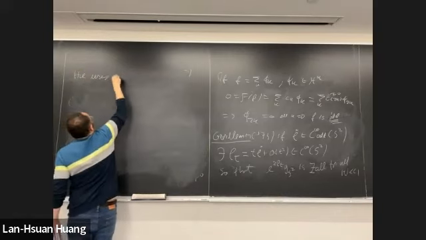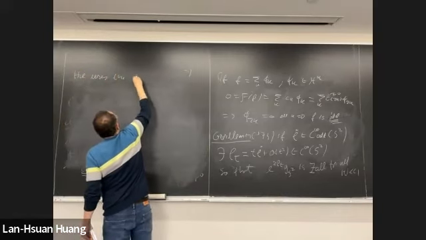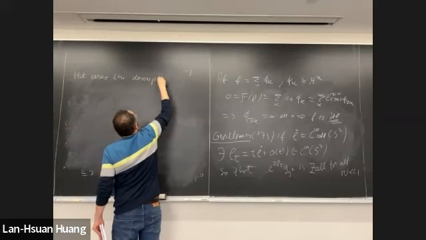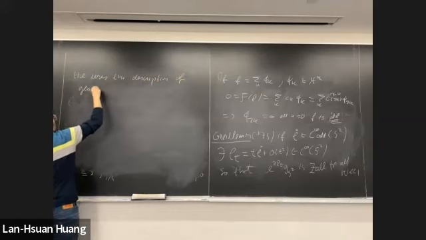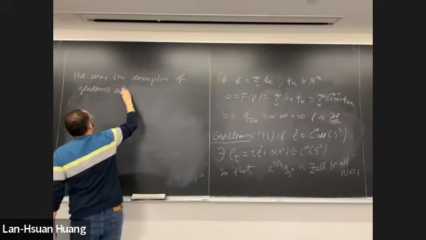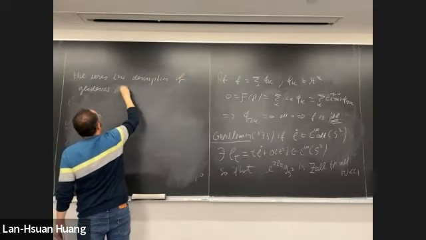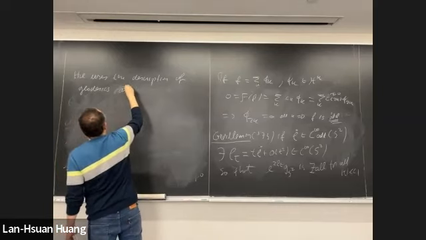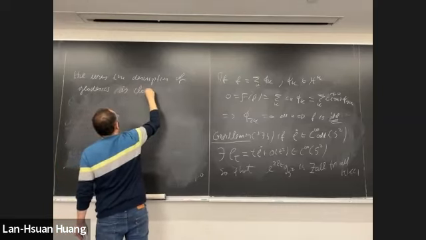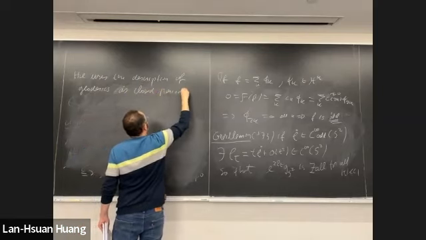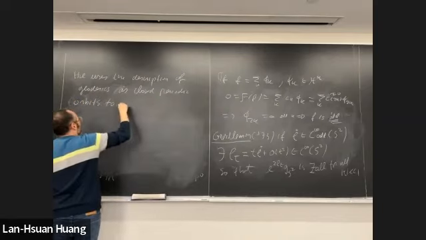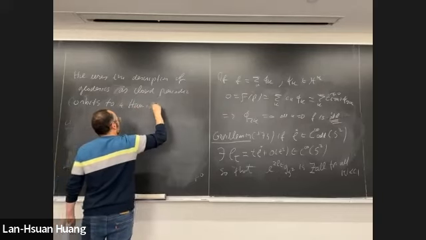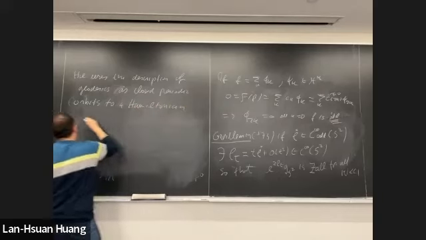He uses the description of geodesics as closed periodic orbits to a Hamiltonian flow on the cotangent bundle.